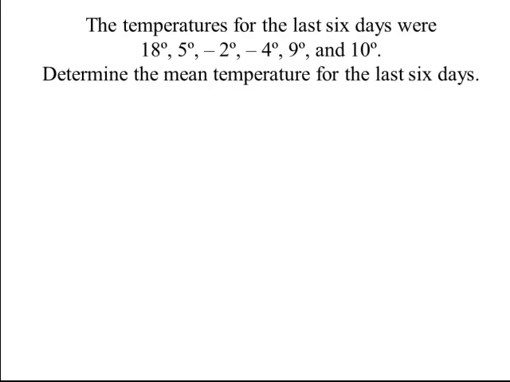The temperatures for the last 6 days were 18 degrees, 5 degrees, -2 degrees, -4 degrees, 9 degrees, and 10 degrees. Determine the mean temperature for the last 6 days. Mean is also often called average, and the way we calculate a mean is by adding up the numbers in our list, counting how many numbers are in our list, here we have 6 for the 6 days, then dividing the sum by the count.